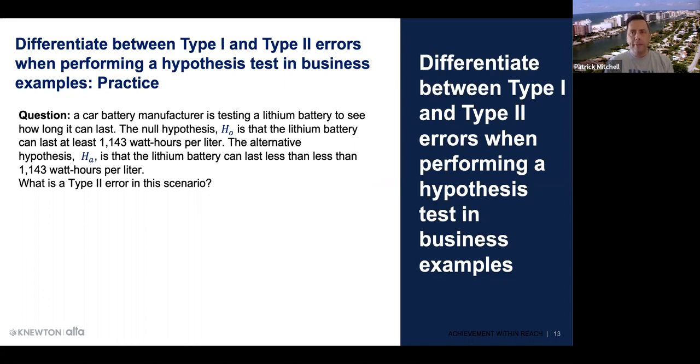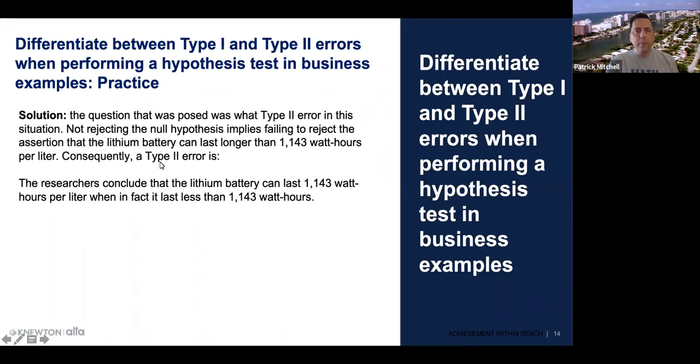So again, a type 2 error is when you fail to reject a false null hypothesis. So if the null hypothesis is false, that means the alternative is true. And that means that the lithium battery lasts less than 1,143 watt-hours per liter, but they conclude that it lasts at least that long.